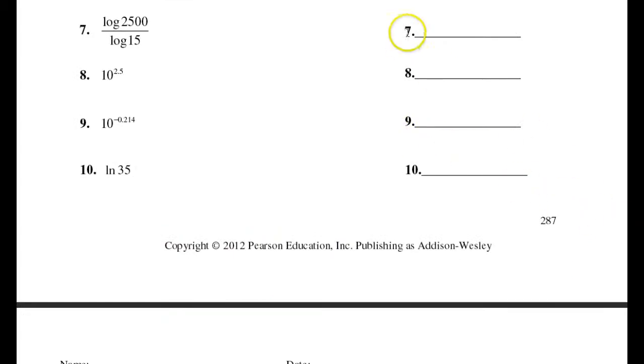Now for number 7, again, you put log this into your calculator, divided by log this, and you will get 2.8892.